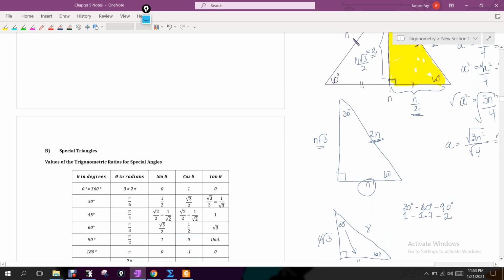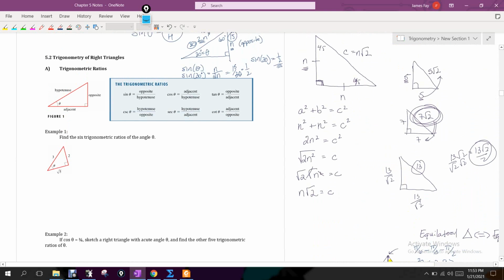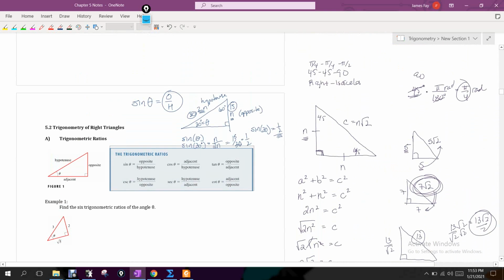So I guess what I'm saying is this chart is created or compiled using the knowledge from 30, 60, 90, 45, 45, 90s, and that table right there, which we'll talk about in more detail in the next video.